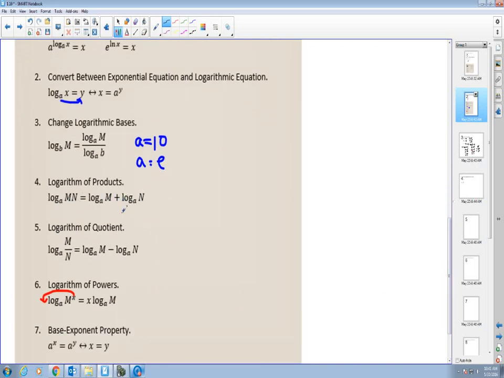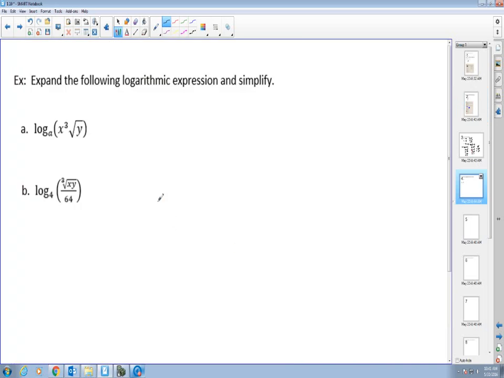Multiplying means I can actually split them up into two terms with a plus sign. So for my part A, this is x to the third times square root of y. So that will give me log with a base a of x to the third, multiplication means addition, plus a log with a base a of square root of y.